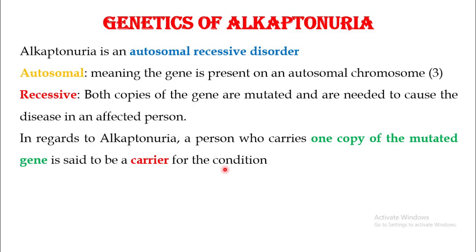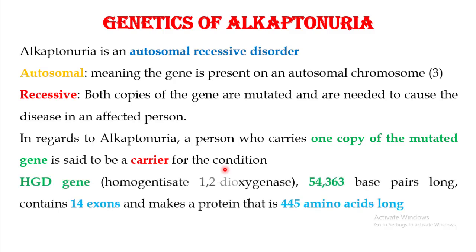For example, if you get a normal copy from your father and a mutated copy from your mother, you will be a carrier and you are not going to show the symptoms of alkaptonuria. Or otherwise, if you get a normal copy from your mother and a mutated copy from your father, again you are going to be a carrier and not show the symptoms of alkaptonuria.